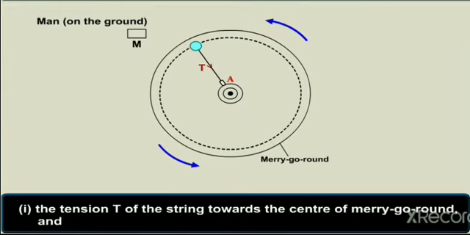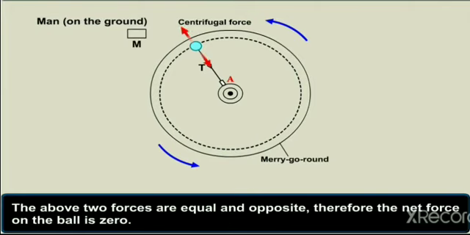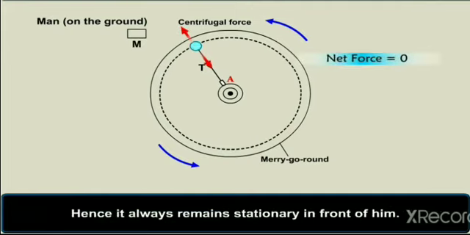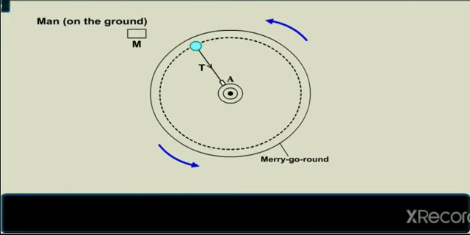First, the tension T of the string towards the center of merry-go-round, and second, the centrifugal force away from the center. The above two forces are equal and opposite, therefore the net force on the ball is zero. Hence it always remains stationary in front of him. Thus, a person on the rotating platform can explain his observation only by considering the centrifugal force.